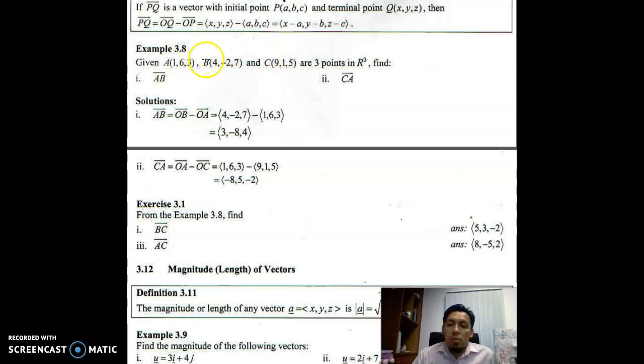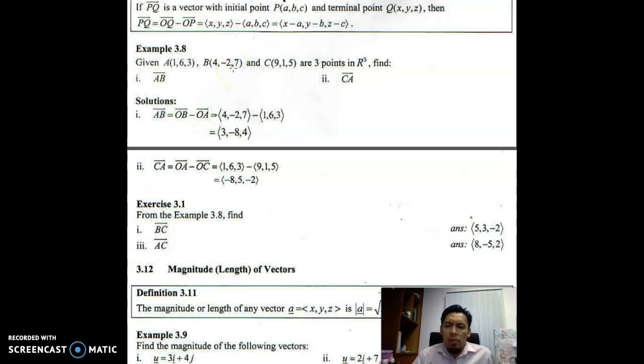So what will happen here is that we are going to first change each of these coordinates into the form of a vector. I mean the information here, we're going to change it in the form of vector. In other words, a position vector.